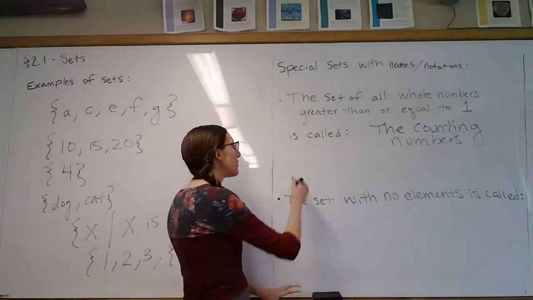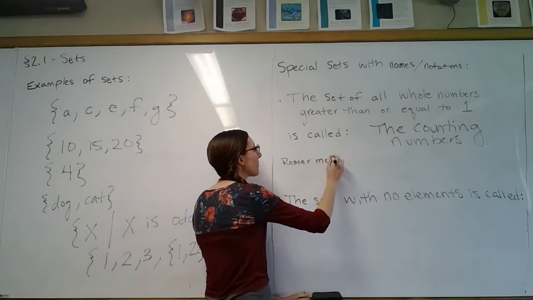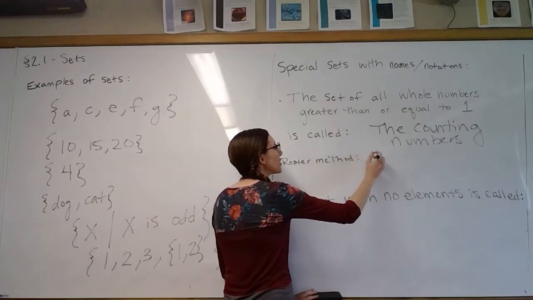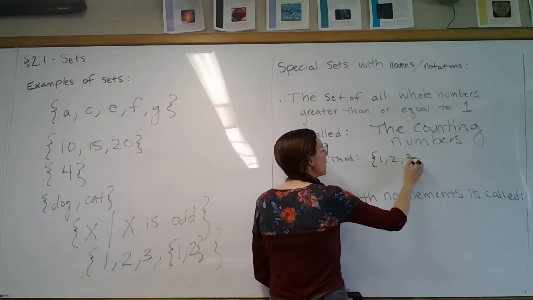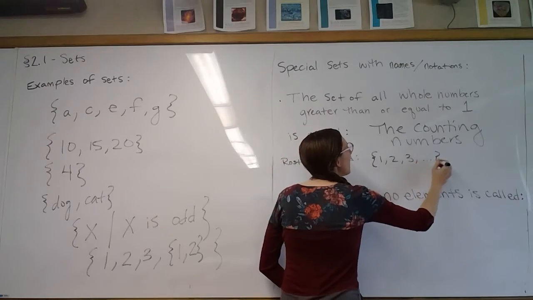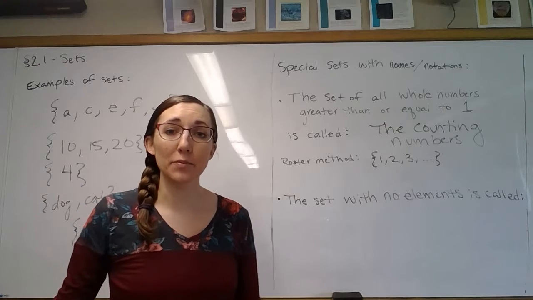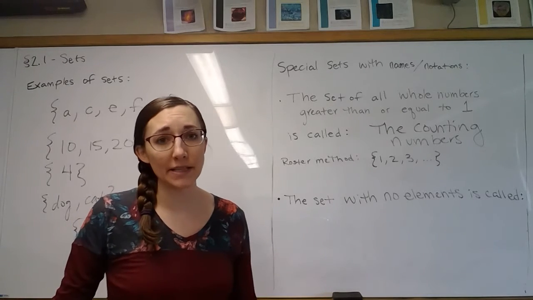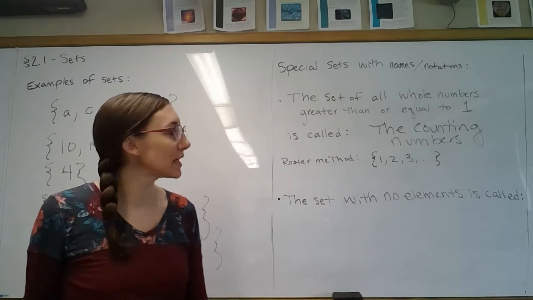We could instead write it in roster method. So in roster method, right, we'd use an opening curly brace and then write 1, 2, 3. In this case, we would have a ... that doesn't have anything after it because it keeps going infinitely.